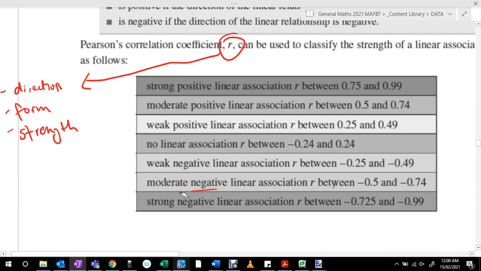And if it is between -0.75 and -0.99, it is strong, negative, linear. Remembering again that if it's a negative number, the line, or the dots, should be going in a negative direction like that.